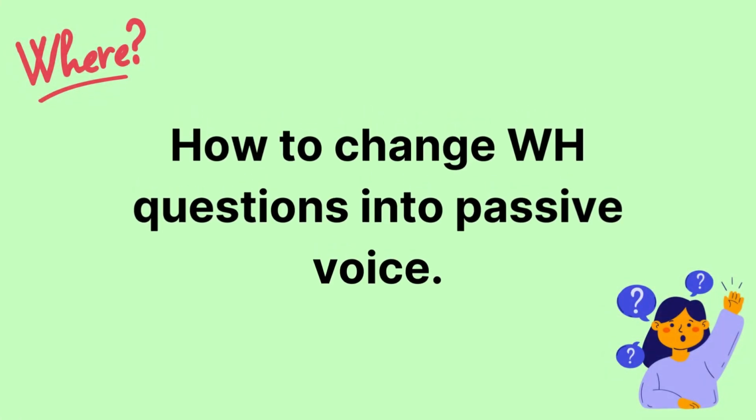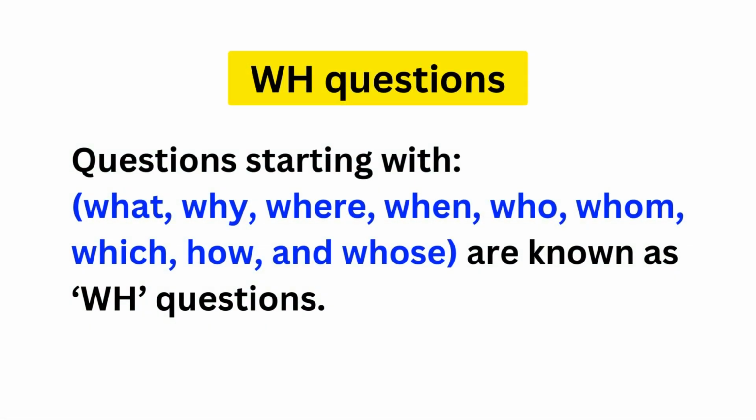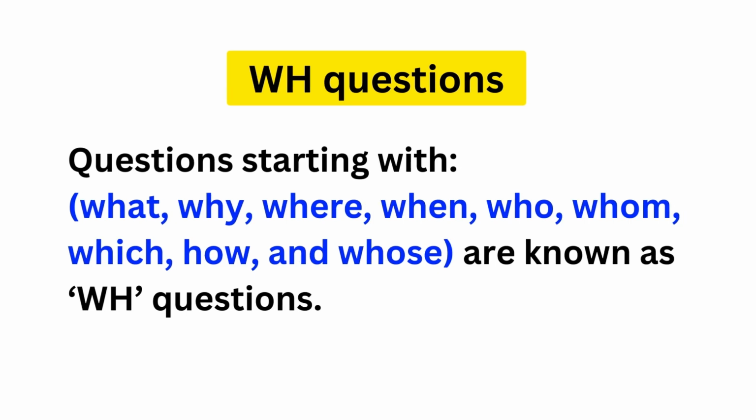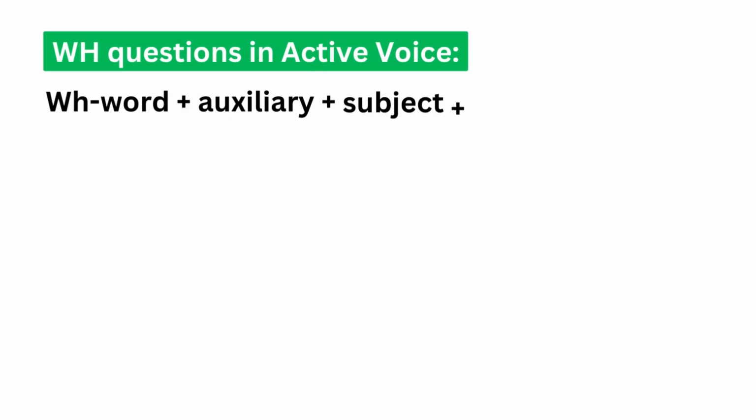Now, let's learn how to change WH questions into passive voice. Questions starting with what, why, where, when, who, whom, which, how, and whose are known as WH questions. The normal structure of WH questions in active voice is WH word plus auxiliary plus subject plus verb plus object.